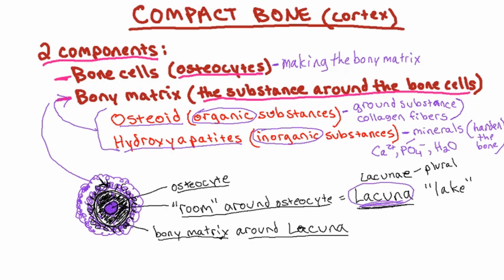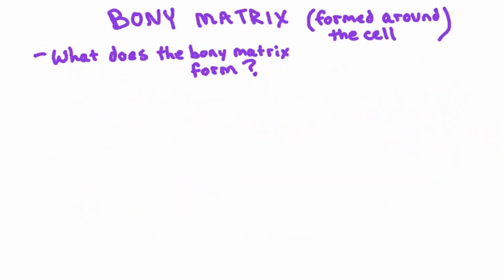And within that lacuna is the osteocyte itself, the cell in the center of that lacuna. So what exactly does that bony matrix do that's formed around the lacuna holding the osteocyte? Where does that bony matrix go and what does it do?